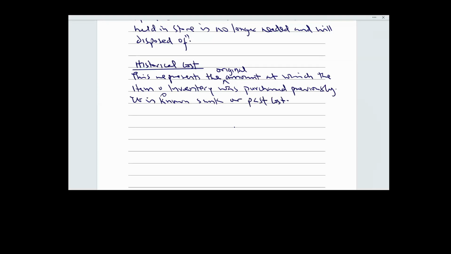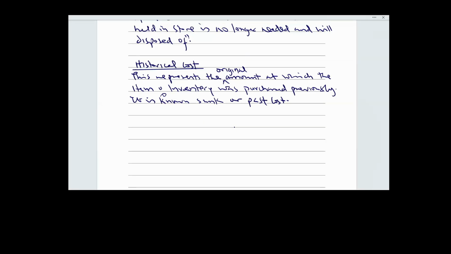Okay. Now, let's say, for example, when you talk about historical costs, let's say you purchase in 2024 raw material worth 1 million naira. In 2025, that material has become historical.